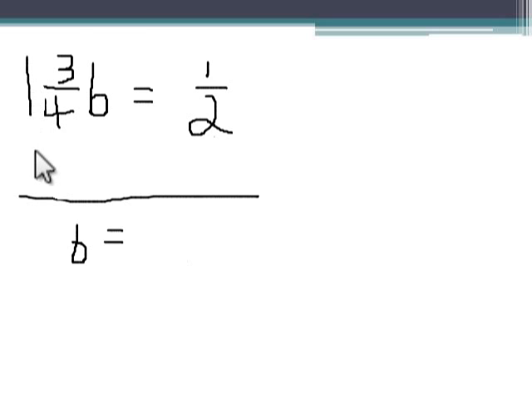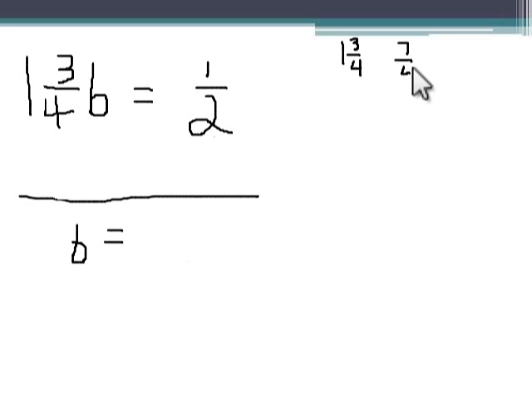So what is 1 3/4? Do you remember how to make it an improper fraction? Denominator times whole number plus the numerator. So 4 times 1, 4, plus 3. So it's equivalent to 7/4.